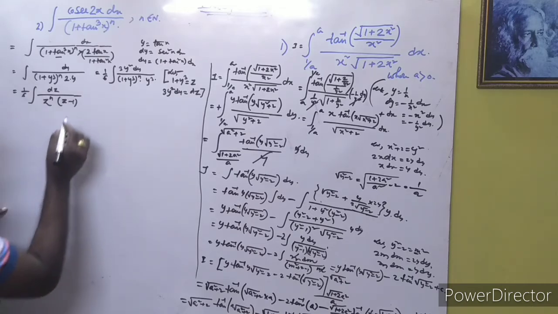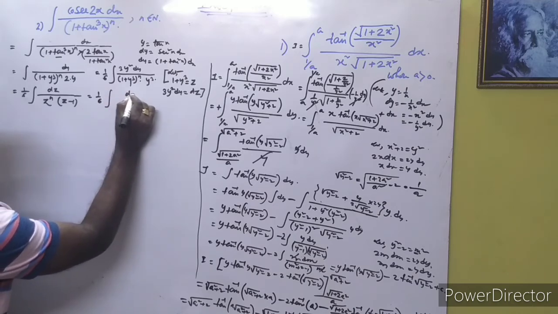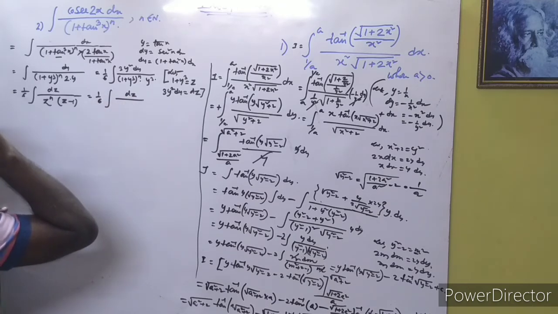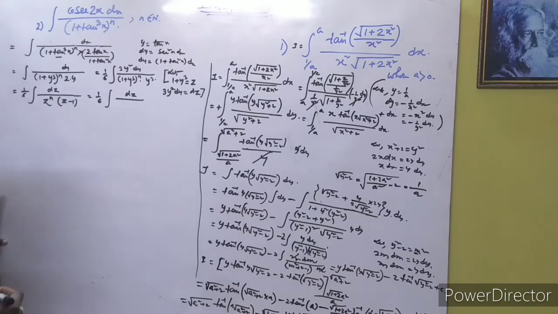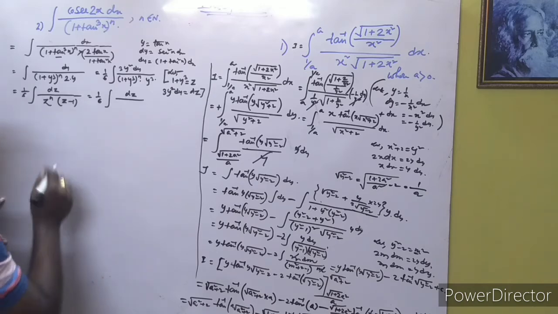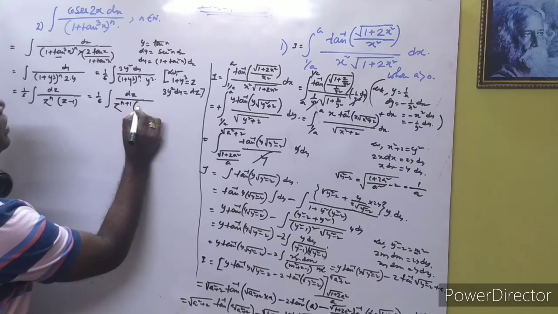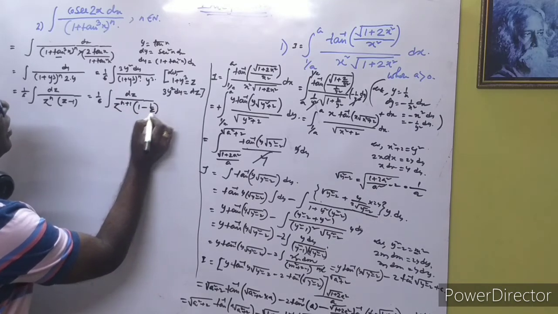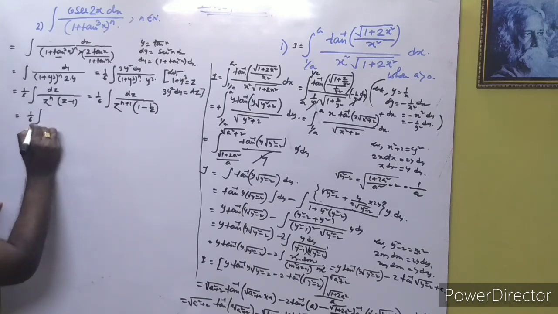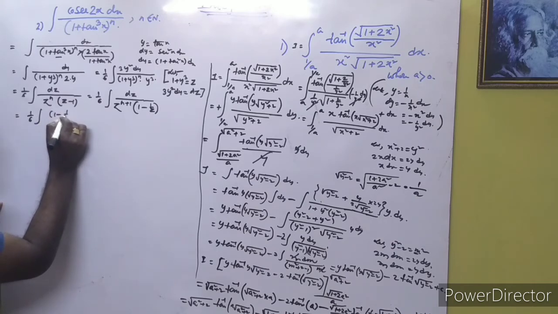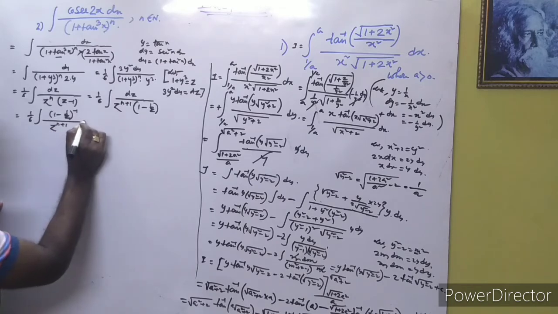Okay, see, this is 1 by 6 and dz, and this is here, take common z, so z to the power n plus 1 and 1 minus 1 by z, and this is equal to 1 by 6, and that is 1 minus 1 by z to the power n plus 1 and dz.